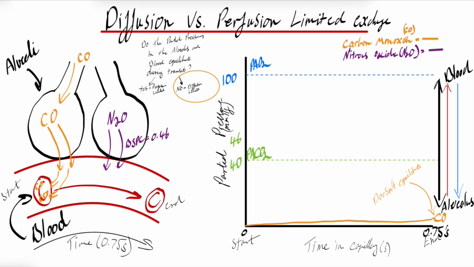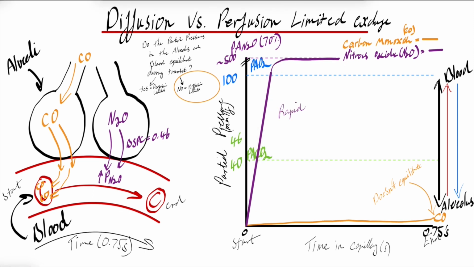And what this means is that its partial pressure in blood rises very quickly as it's not dissolved or bound, and within approximately 1/10 of the capillary transit time, alveolar and blood partial pressure becomes equal. Once equilibration has occurred, no further uptake can occur unless fresh blood arrives. Therefore, the limiting factor becomes blood flow rather than diffusion. So nitrous oxide is almost a purely perfusion-limited gas.